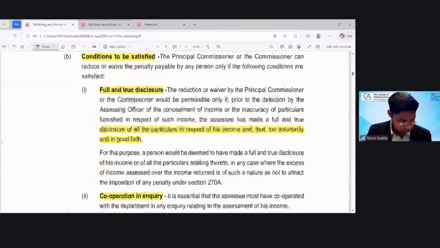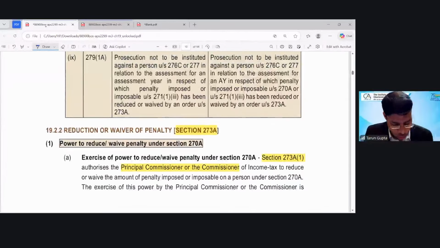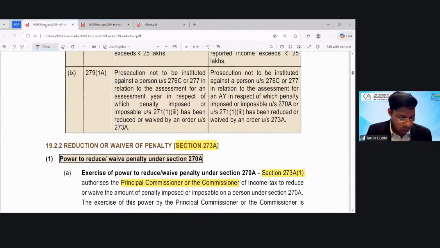Now we are moving to section 273A. What does section 273A say? 273A has two parts, 273A(1) and 273A(4). It is actually an immunity, a reduction or waiver of a penalty, with the power given to the Principal Commissioner or Commissioner.